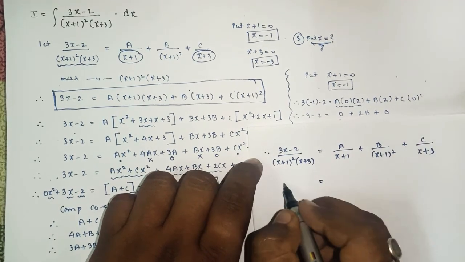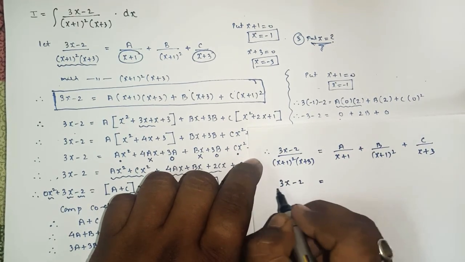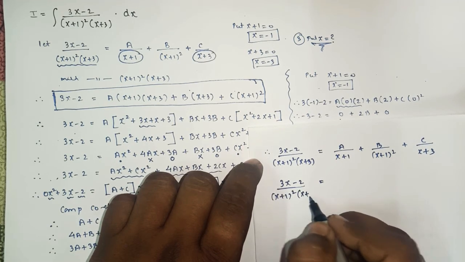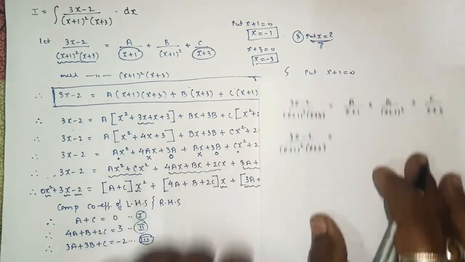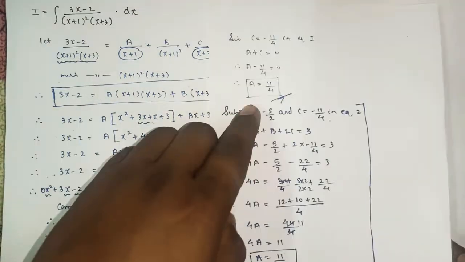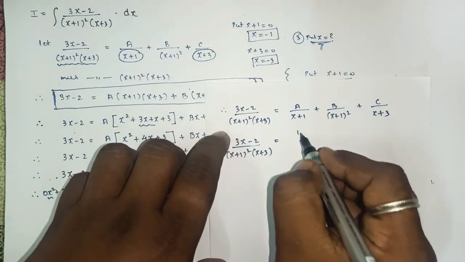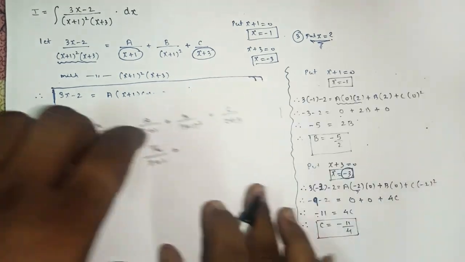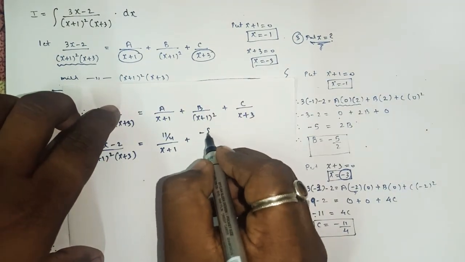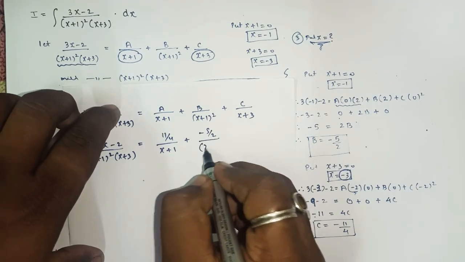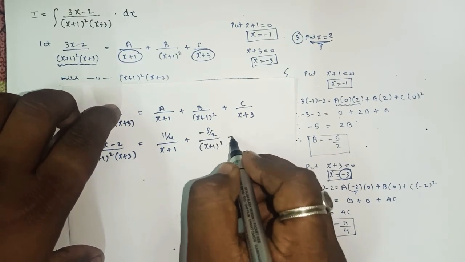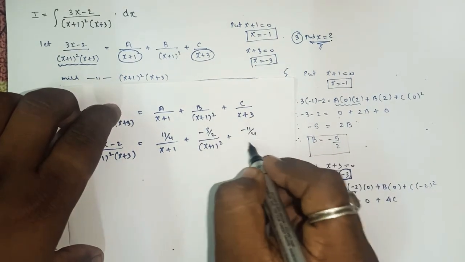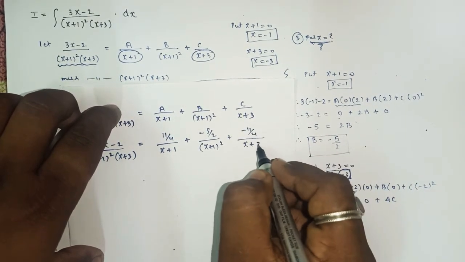So here we'll substitute the values of A, B, C now. A is 11 by 4, so 11 by 4 upon x plus 1. B is minus 5 by 2 upon x plus 1 the whole square, and C is minus 11 by 4 upon x plus 3.